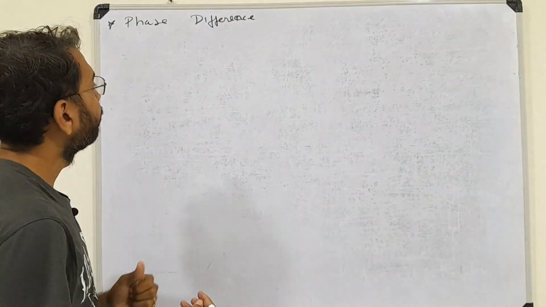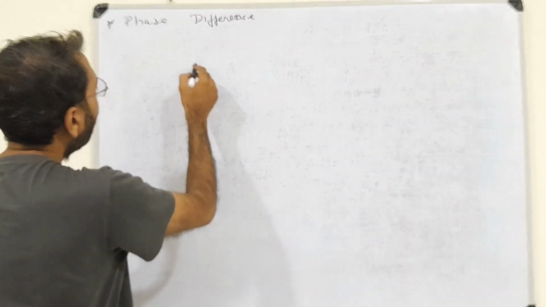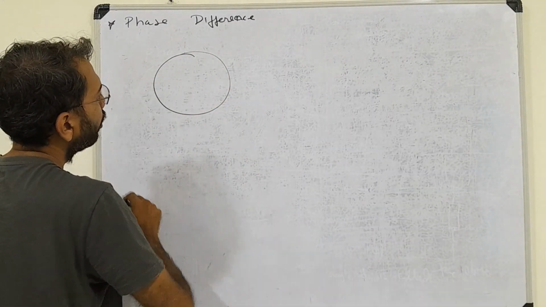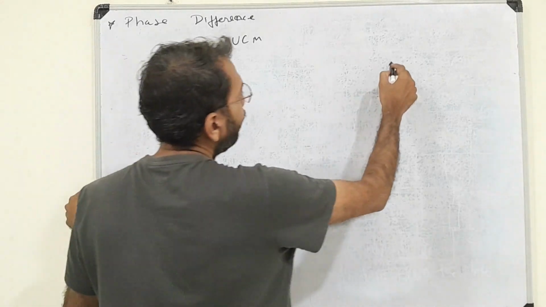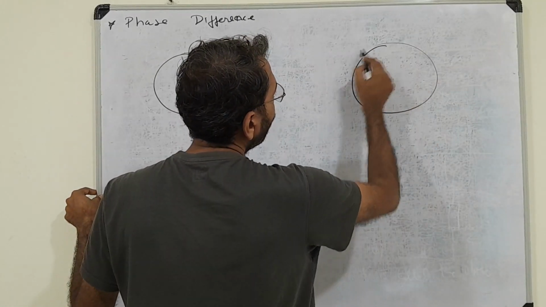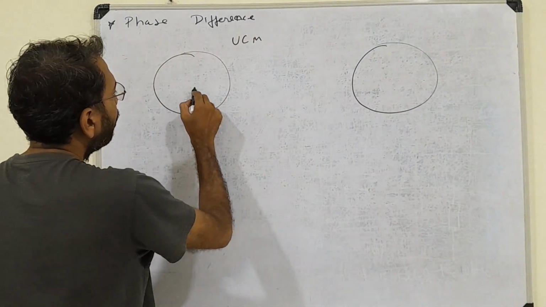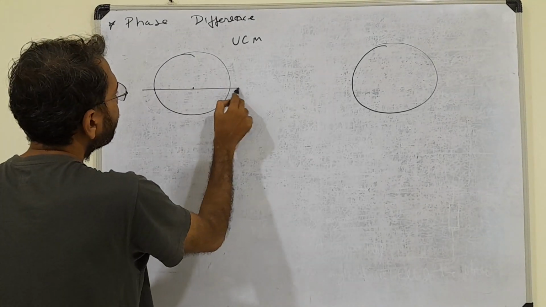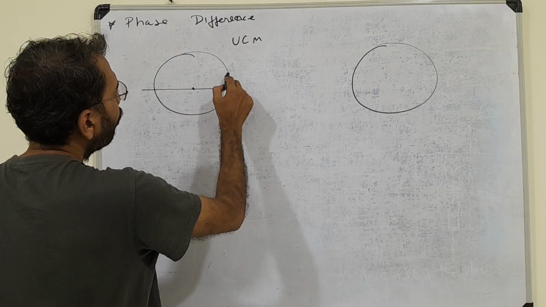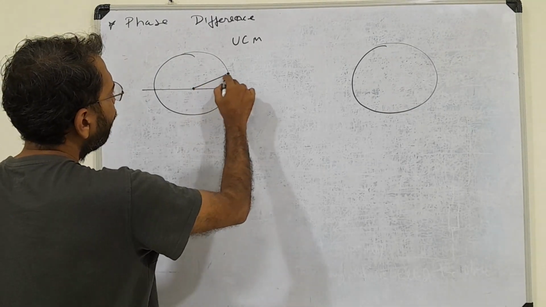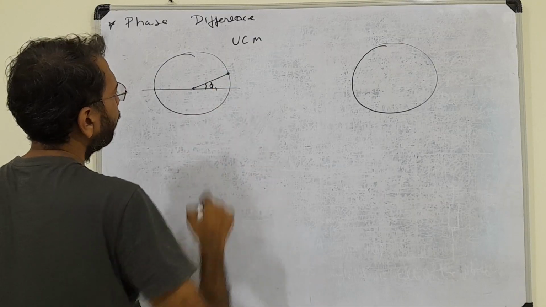into consideration. So let us say we have one oscillatory motion performing uniform circular motion, and we have another particle performing uniform circular motion, and let's say this particle A is starting with some phase phi 1.